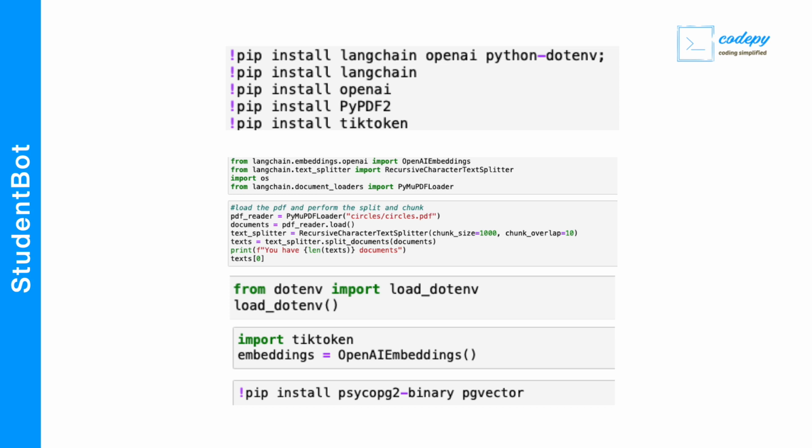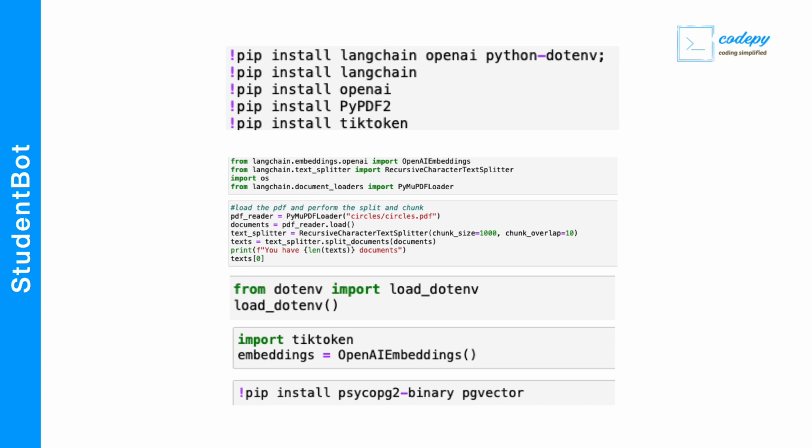We create an embeddings object equal to OpenAIEmbeddings. Finally, we install psycopg2-binary and pgvector. Okay, I hope you understand.